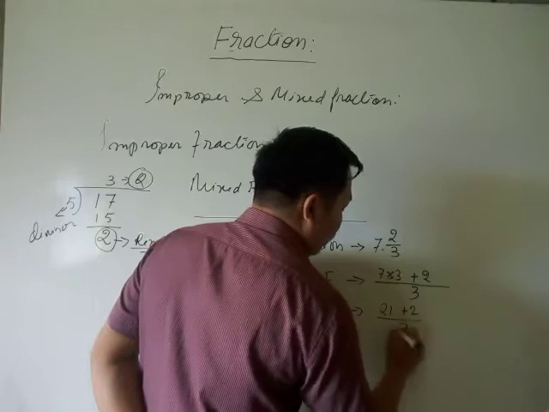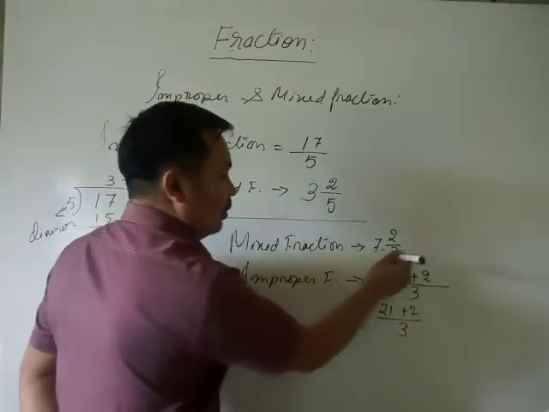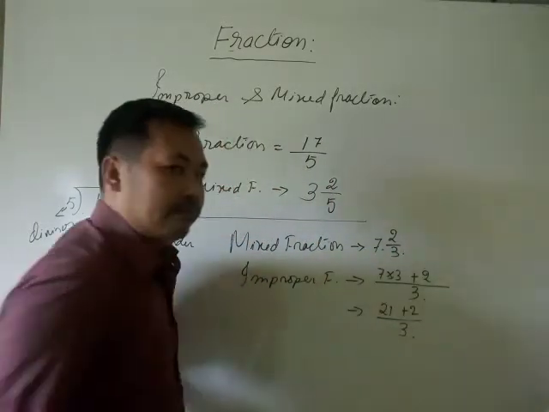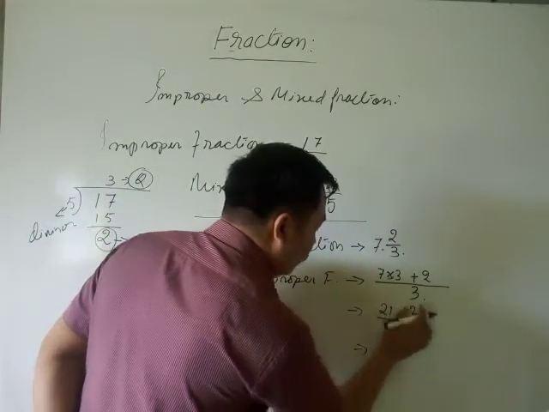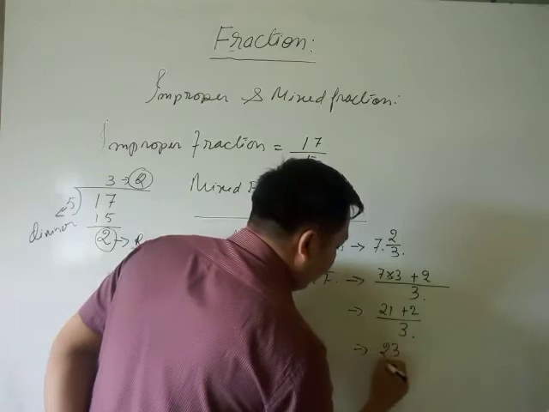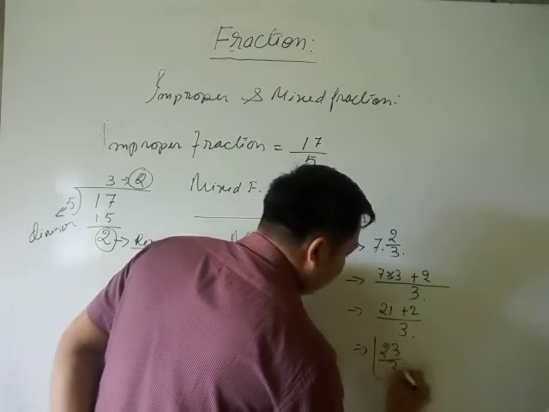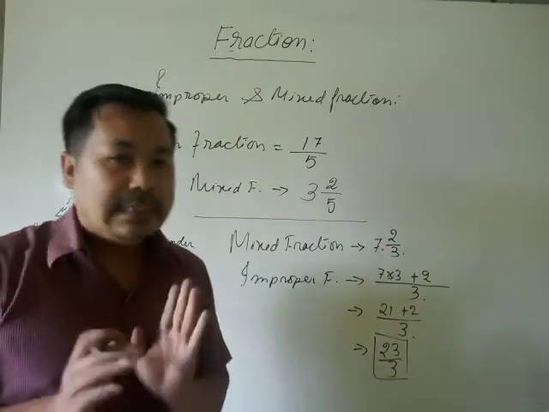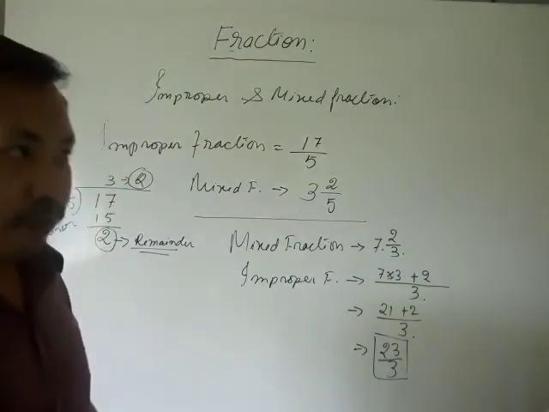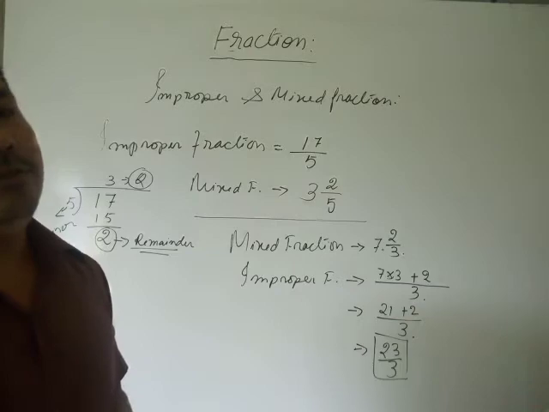This number, the denominator, is not changing, don't forget. 21 plus 2 means 23 by 3. So 23 by 3 is the improper fraction of this mixed fraction. This is how we change improper into mixed or mixed into improper fractions.